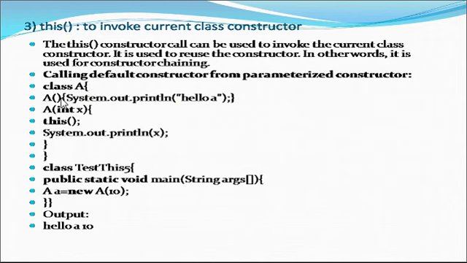One more constructor we take is called a parameterized constructor, because it has one parameter, x, and here we call the current class constructor by this statement. This represents the current class constructor. Okay, and here we also call the current class constructor, this one, and the output of this statement is hello.